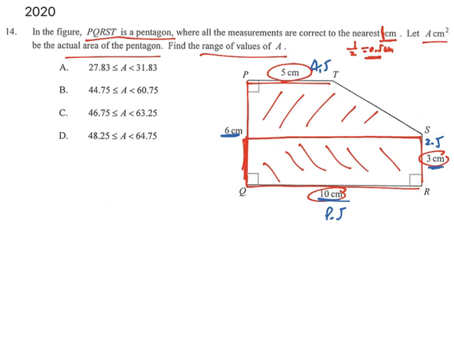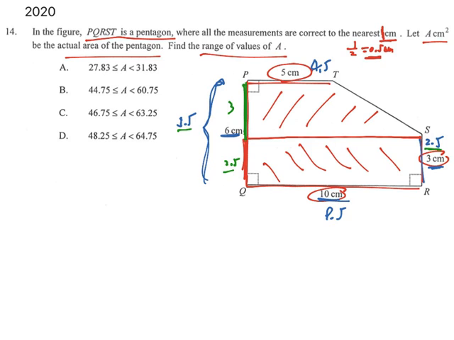And for the whole length, 6 minus 0.5 is 5.5. Because this length is related to this one, here is 2.5, so 5.5 minus 2.5, we get 3.